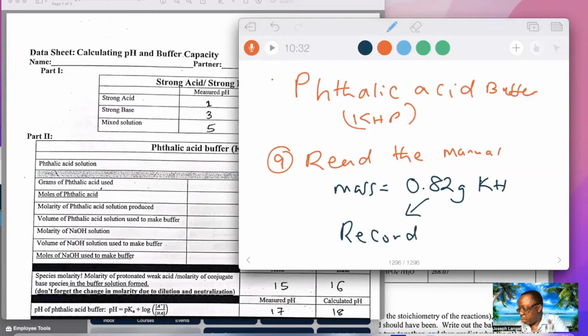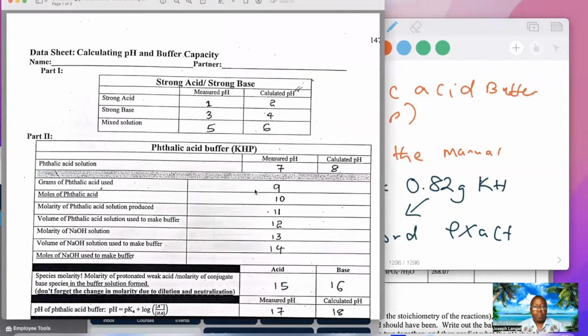You need to record exactly whatever you had for number 9 from the lab, from the analytical balance, whichever balance you used to record the mass of phthalic acid.